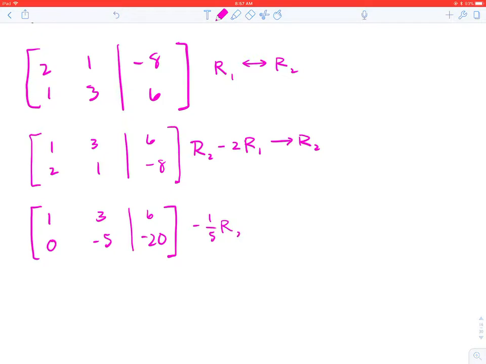This is row 2, and we are replacing row 2. So 1, 3, 6 still in row 1, and then 0, 1, 4. So this matrix is now in row echelon form.